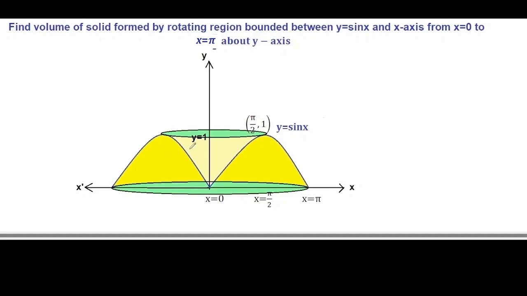Now according to the disc method, we need to take the cross sections of this solid perpendicular to the axis of rotation. Here the axis of rotation is the y-axis, so we need to take the cross section of this solid perpendicular to the y-axis. So we will get two different circles for the cross-sectional part.